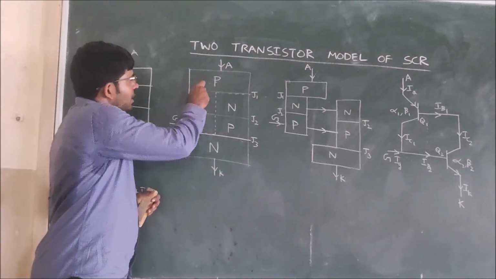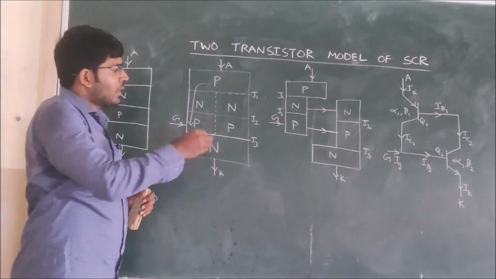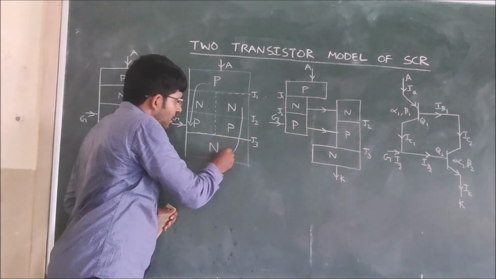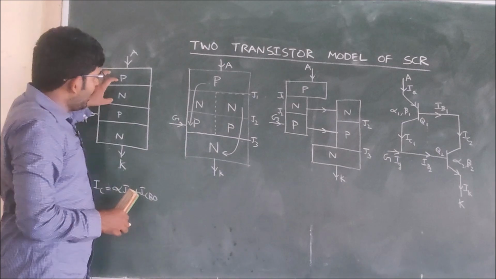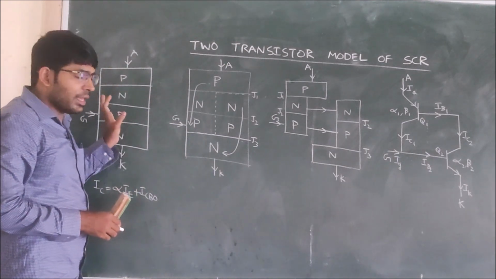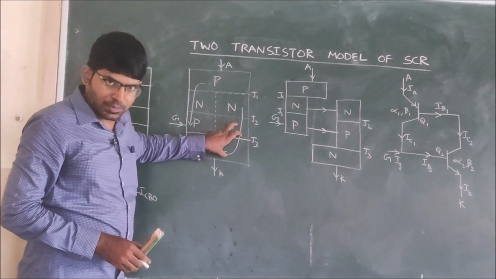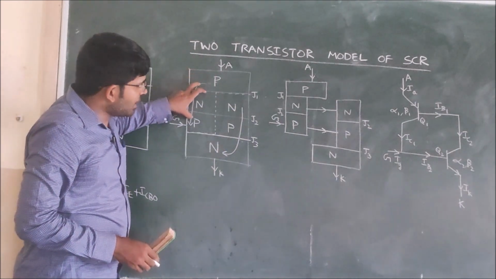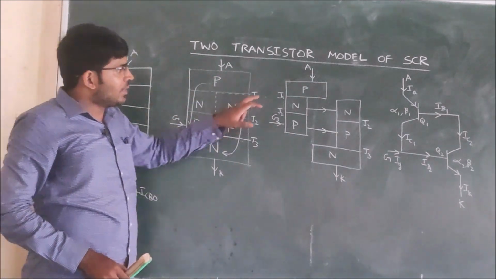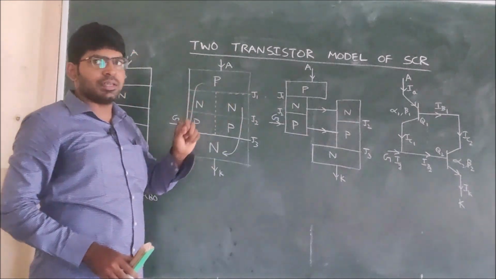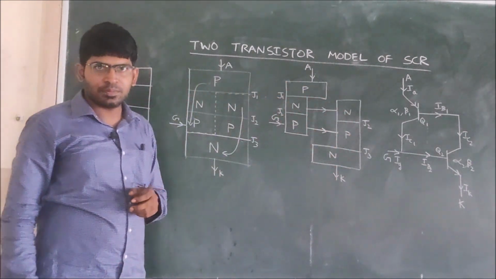So now this appears like a PNP transistor and an NPN transistor. So in the PNPN 4 layers, we are observing two transistors. One is PNP, second one is NPN. This is the PNP transistor and this is the NPN transistor.